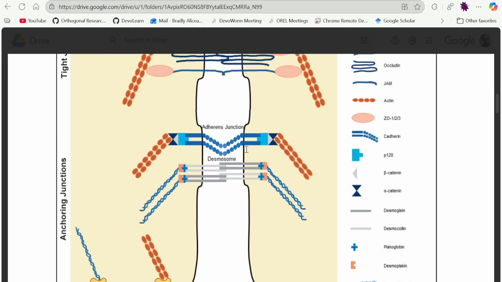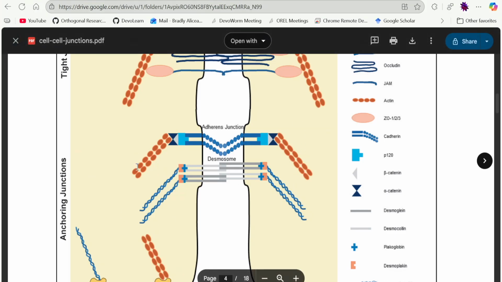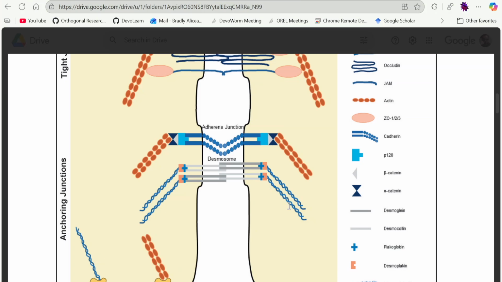So adhesive properties are made by the cadherin. But again, you have these actin molecules on both sides, so there's this potential for motion or a motor thing here. Then the desmosome, and the interesting thing to note is that it's a cadherin and not an actin on either side.